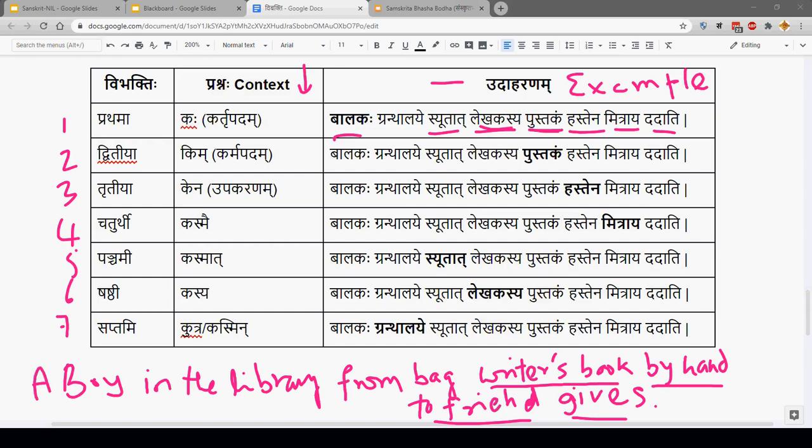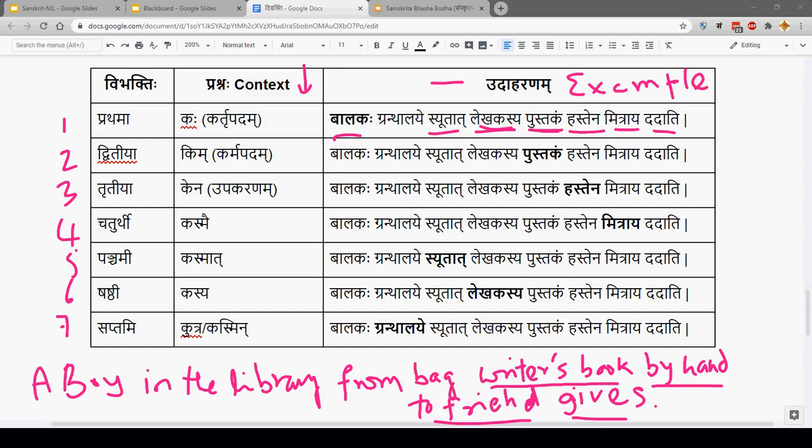Some orders can be changed, but generally in English the order goes like that. But in Sanskritam, as you see here, the order most of the time doesn't matter. Sometimes it matters, but most of the time it doesn't, because the case ending suffixes are already applied to those words and become part of the word.